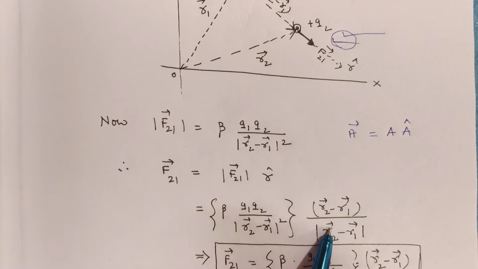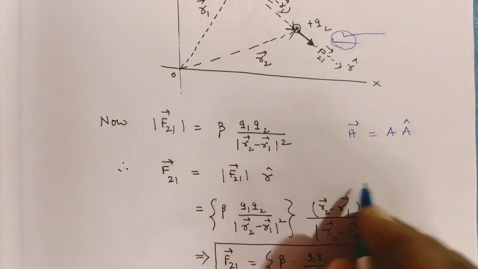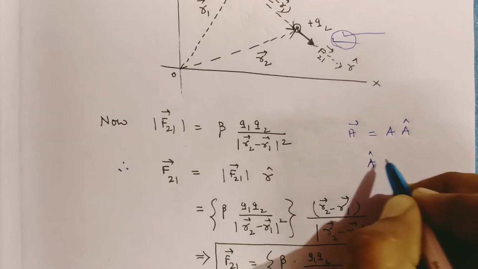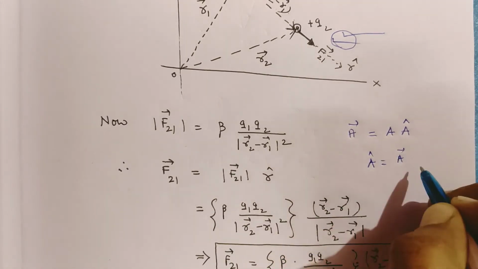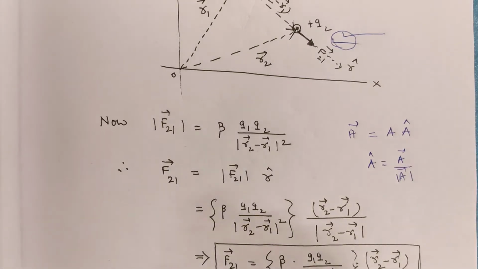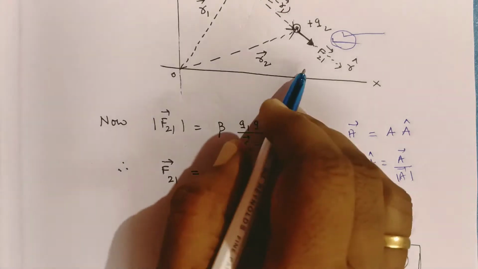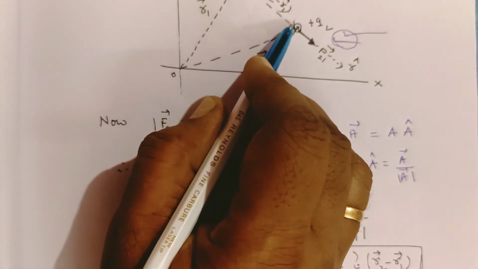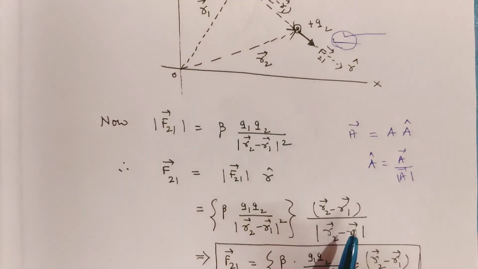Now I have to represent r cap. What is the formula of r cap? Any unit vector can be represented as the vector divided by the vector magnitude. Similarly, r cap is represented as R2 vector minus R1 vector divided by the magnitude of R2 vector minus R1 vector.